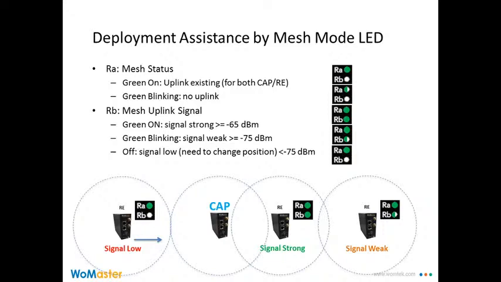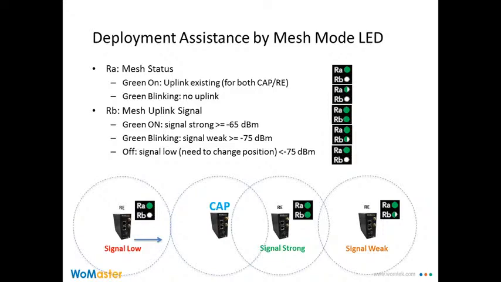The RB LED shows you the signal strength to the uplink. If RB is green on, it means the signal strength is strong. The value is bigger than or equal to minus 65 dBm. If the RB is green blinking, it means the strength is weak.